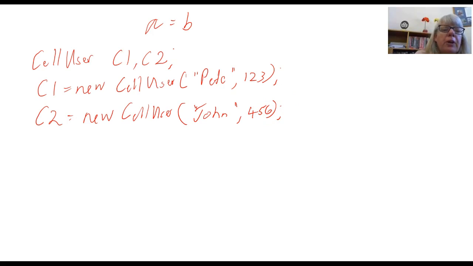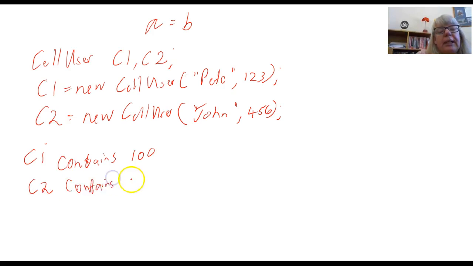Okay, you know that C1 is an address. C1 is stored at a specific memory position. So we can say that C1 contains an address like 100. You also know that C2 contains perhaps another address depending on the size of the object.